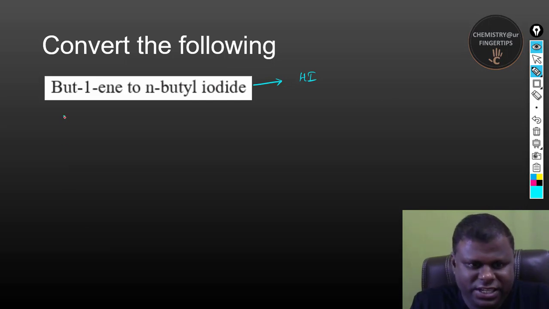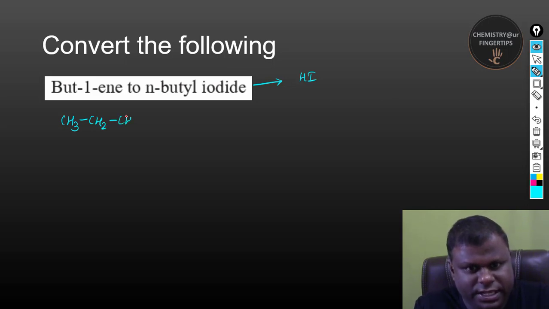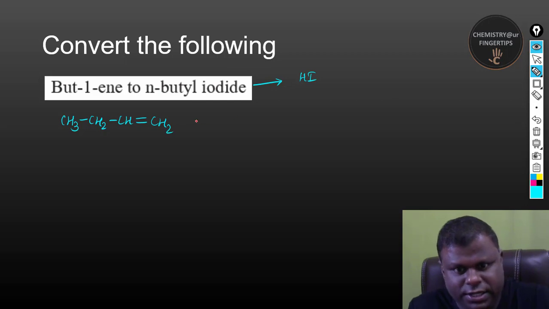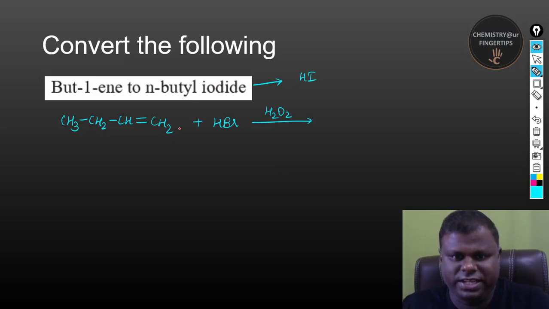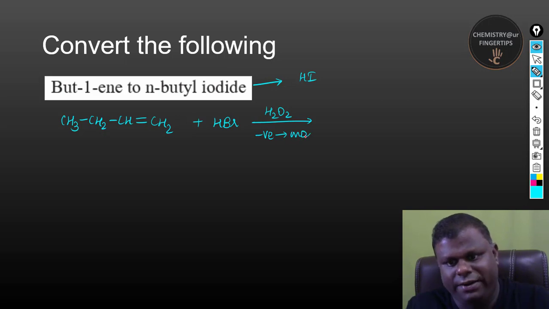So let's see what exactly we are going to do. You have CH3, CH2, and then CH double bond CH2, right? This on treatment with HBr in the presence of a peroxide. I'm going to write here hydrogen peroxide; you can use benzoyl peroxide as well. So what exactly happens? I have already told you, negative goes to the carbon with more hydrogen.